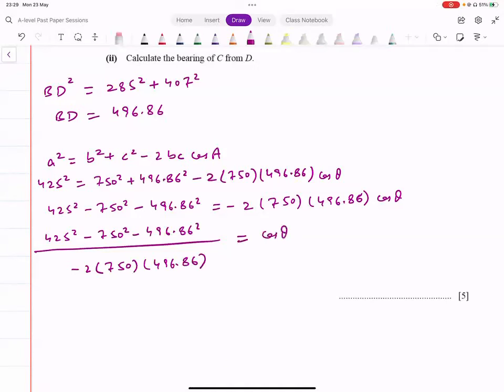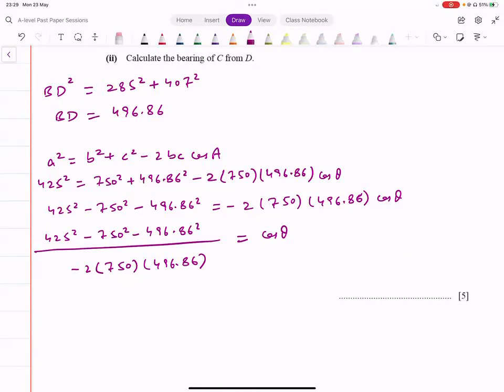You've got cos theta. Now you can put this whole thing on your calculator. Make sure कि आप calculator में values सही input करें. You should have a calculator that has this fraction button. That's going to make your life easier. इस पे ये fraction button है ताकि आप directly उसके ऊपर input कर सकें.